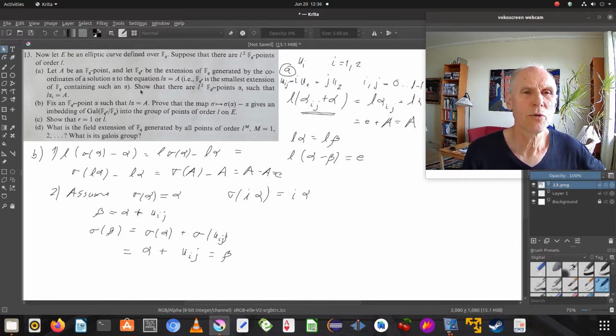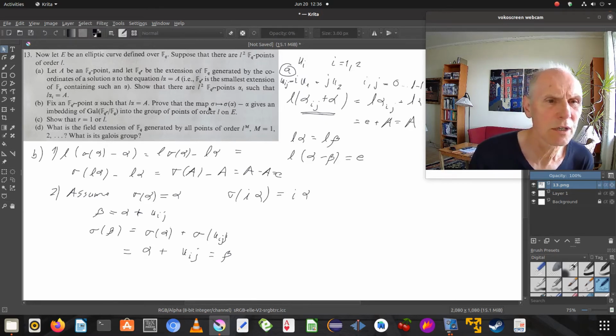So we need to show that these points actually generate FQ to R. Oh no, that's not necessary. Oh yes.